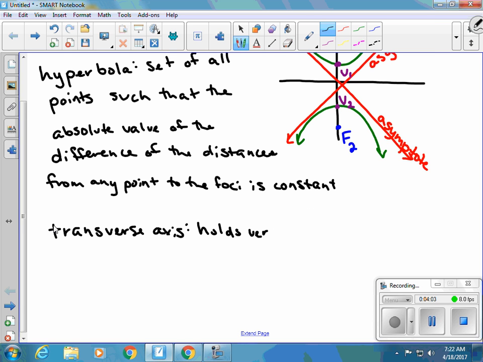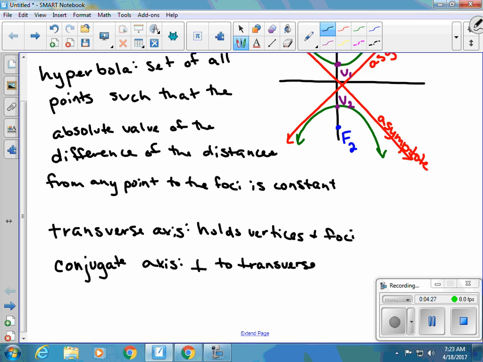Holds vertices, it's plural. And conjugate axis is with B. So this is perpendicular to the transverse. And is 2 times B in length.